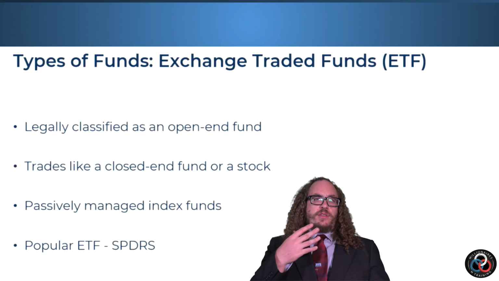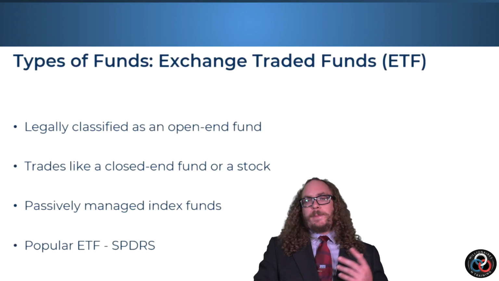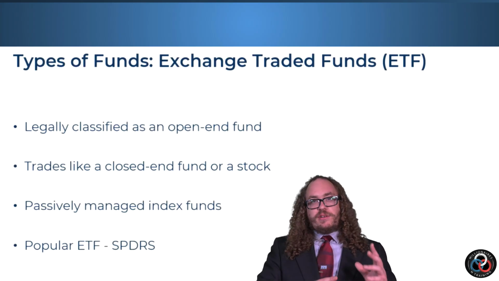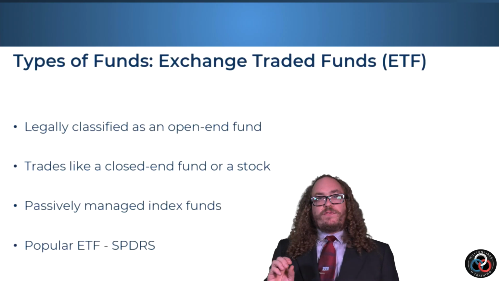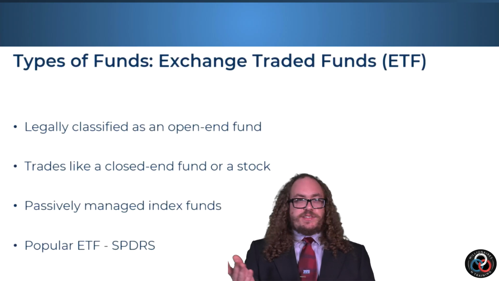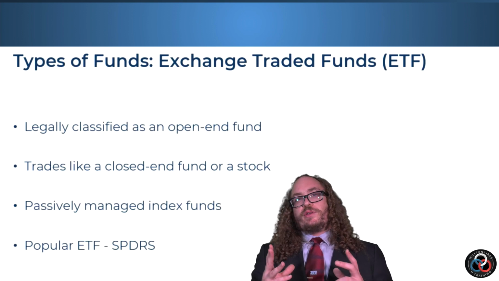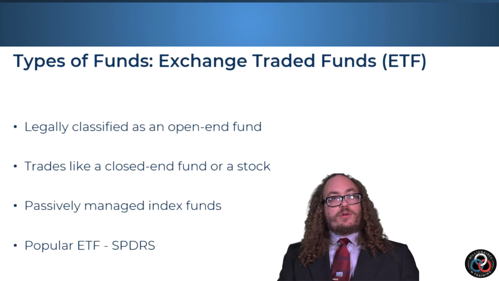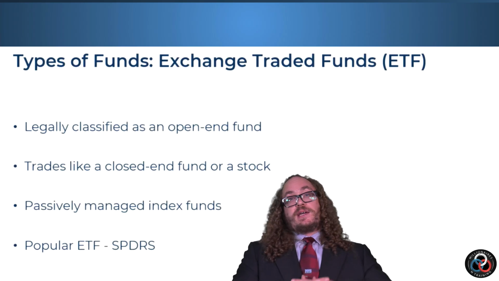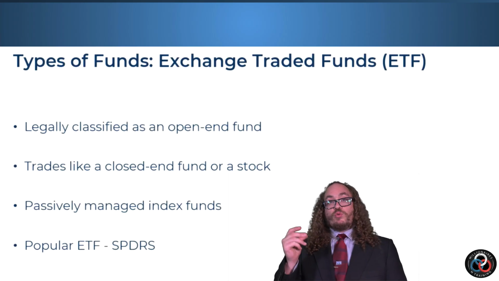So this came about later on in the industry. People didn't like the fact that they couldn't necessarily get out of a mutual fund as quickly as they'd like to. Let's say some huge news event dropped about your company that's a massive holder in the underlying mutual fund. Well, that could negatively affect the price, and some people would like to get out of the market right then and there.